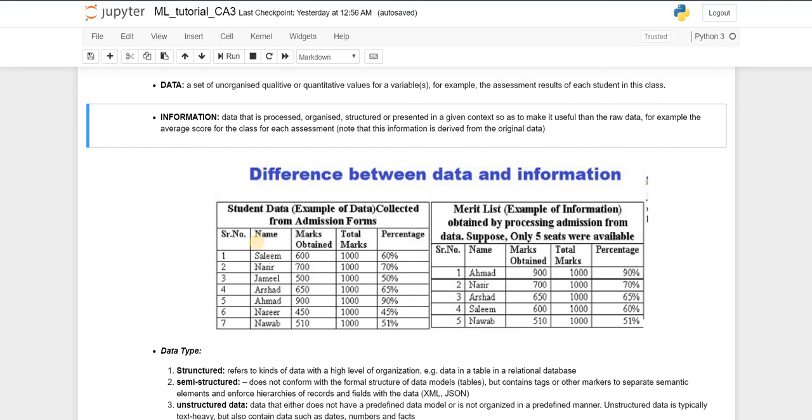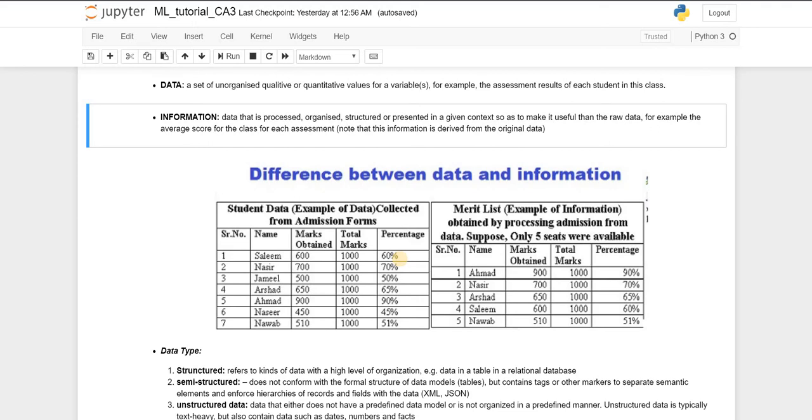This data is collected about the results and the marks. Then we have the total mark that has been given to the students, and the percentage. So that is data: qualitative or quantitative values of variables that have been collected. But what is information?